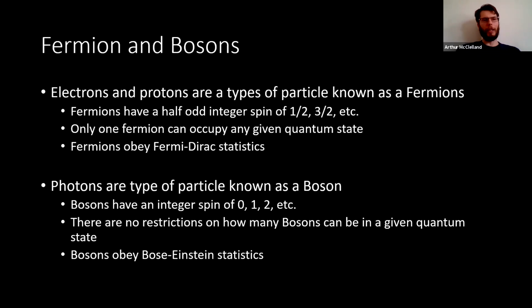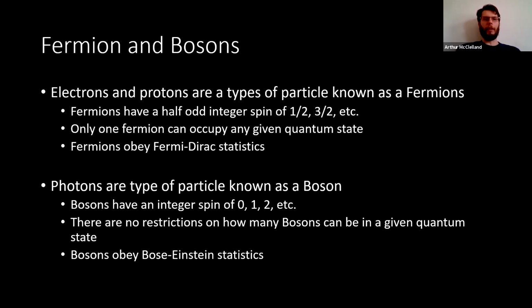So for now, just accept that electrons are a class of particles known as fermions, and each one needs to be in a distinct quantum state. And fermions obey not Maxwell-Boltzmann statistics, but Fermi-Dirac statistics. And I'll give a model of what Fermi-Dirac statistics means in the next couple slides.